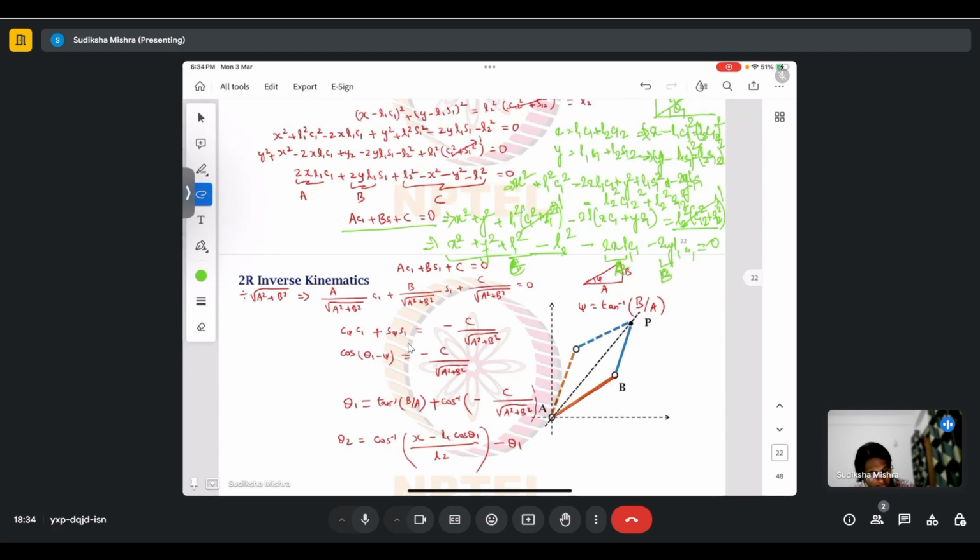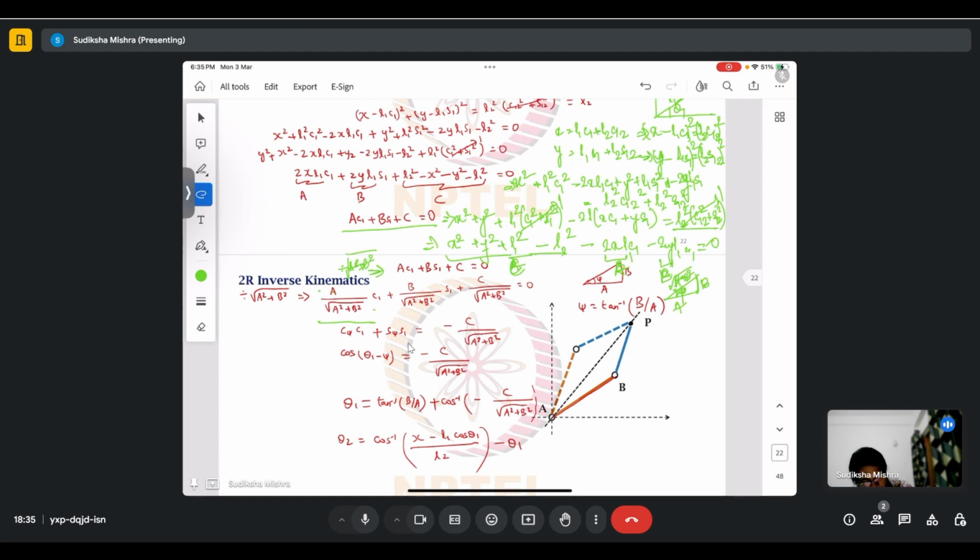Okay, now consider a triangle wherein A and B form both the arms. So the hypotenuse becomes square root of A square plus B square. If you were to divide this equation by the square root of A square plus B square, you get A by root over A square plus B square into C1, plus B by root over A square plus B square into S1, plus C by root over A square plus B square, equal to 0.